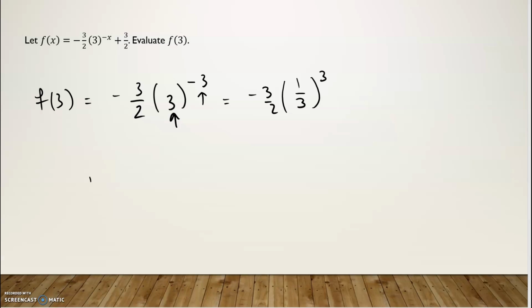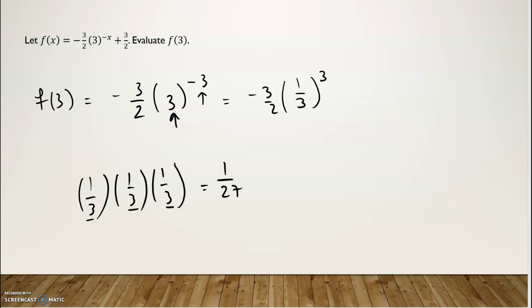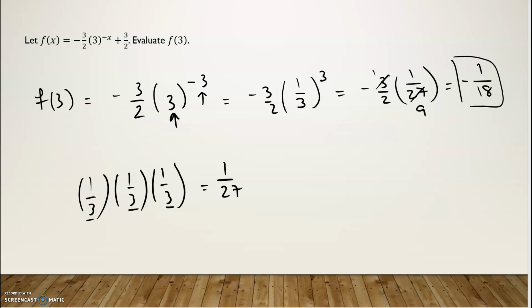So 1/3 times 1/3 times 1/3. 1 times 1 times 1 is 1. 3 times 3 times 3 is 27. So I have negative 3 over 2 times 1 over 27. I can take a 3 out here and a 3 out here, so that'd be left with 9. Then I have 1 times 1, and keep that negative, and then 2 times 9, so 18. So negative 1 over 18 would be my final answer there.